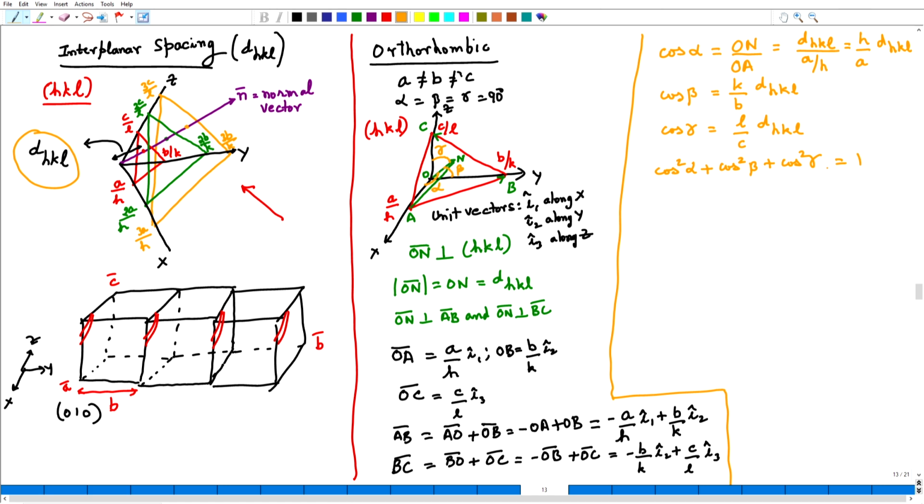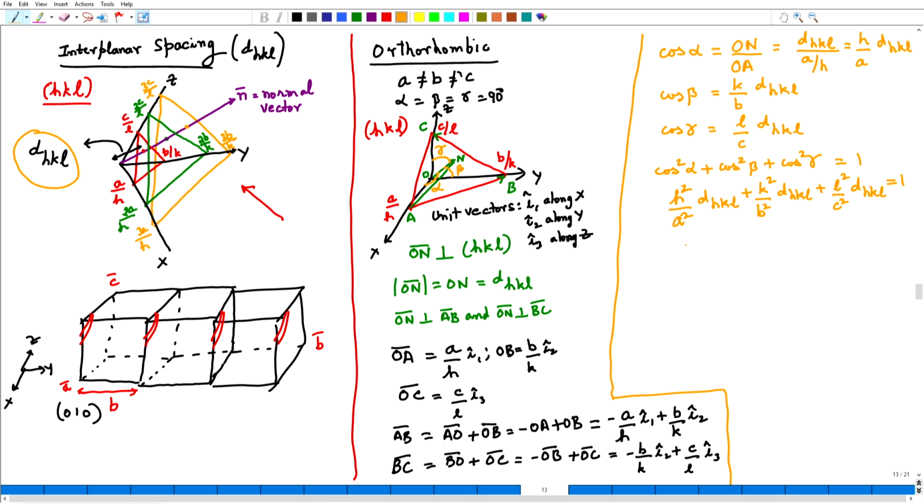I substitute for cos alpha, cos beta, cos gamma in this, and I will get h square upon a square times d_hkl plus k square upon b square times d_hkl plus l square upon c square times d_hkl, and this sum is equal to 1.